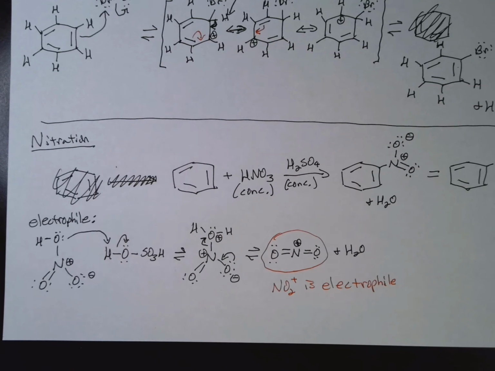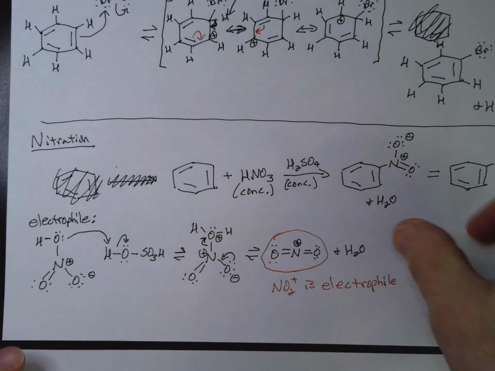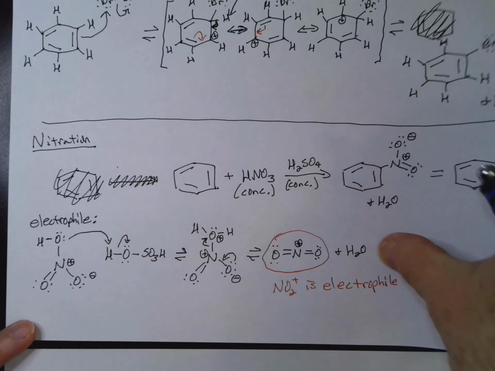All right. There's another couple of reactions that I'd like to go over here, and I'm just looking at the time, and I don't want to make this video too long, so let's take a look at sulfonation.